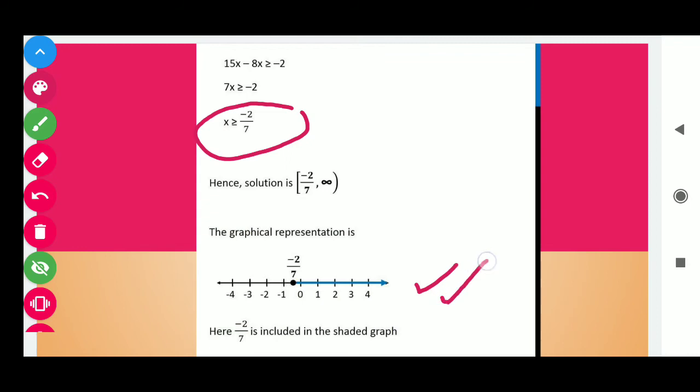You can see here the blue line. So in this way the interval comes minus 2 over 7 to infinity, and here we are using the equality sign, so we make a closed bracket at minus 2 over 7, and infinity must be open. So in this way, this is also called semi closed or semi open.